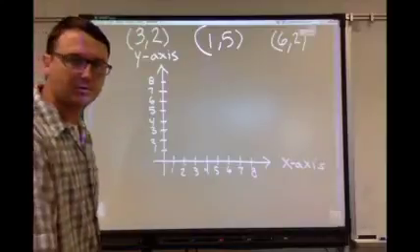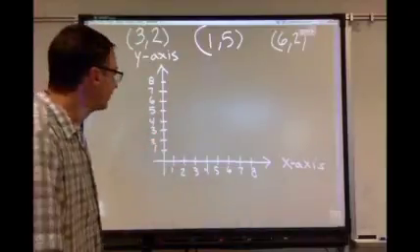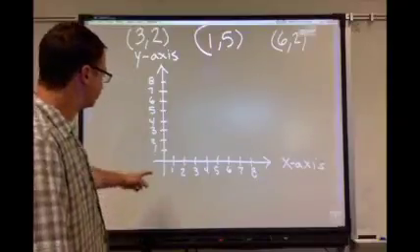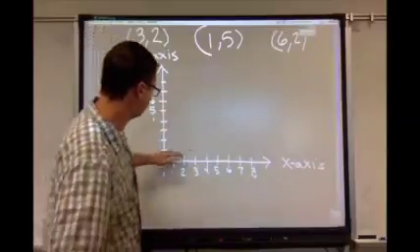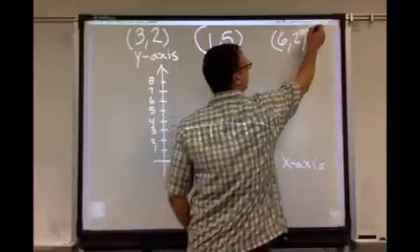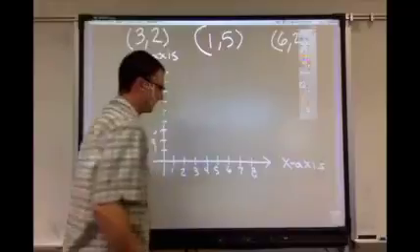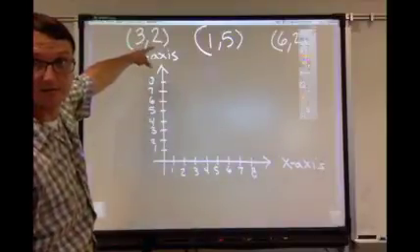So we're going to plot these points on this grid system, this graph that we have going. Now your graph paper will be very useful in this situation because you'll have a nice grid. So let's plot the first point, which is 3, 2.